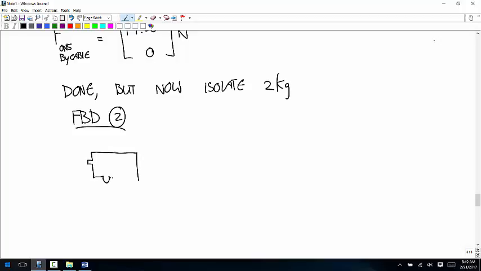There's the little bit of cable. There's a weight of 2 times 9.81, so 19.62. There's the normal force of the 2. There's the external load of 20. And there's the cable tension T going that way.